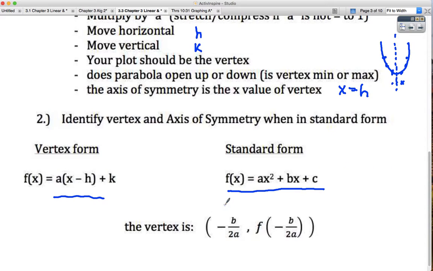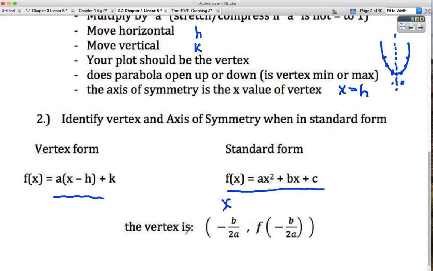The x value is you take the opposite of whatever b is and divide it by 2a, and the y value is just simply taking what you got for the x value, sticking that x value into the equation. That's why it says f of negative b over 2a. Negative b over 2a is just simply the x value. So I'm really just taking f of x here, and I'm plugging that value in for the y value.